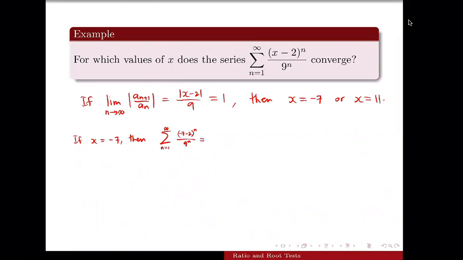This is equal to what? Sum of (negative 9)^n over 9^n, from 1 up to plus infinity. This is just the sum of (negative 1)^n from 1 up to plus infinity. This is divergent.